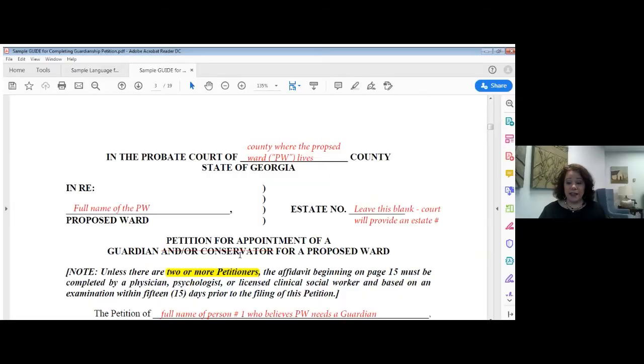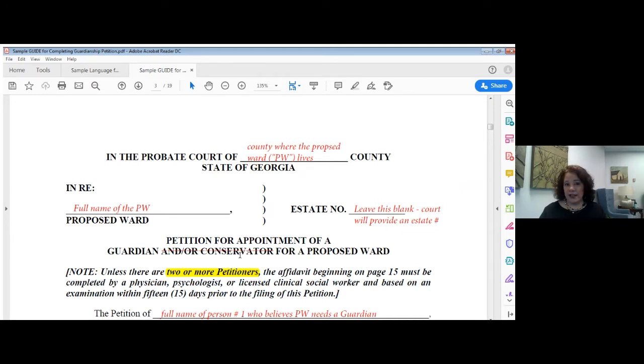The very first blank that will be staring you in the face is the Probate Court of blank County. That is going to be the probate court where the proposed ward, which is going to be your child, assuming we're speaking with parents here today through Focus, lives. It's the county where the child lives that you are going to request to receive guardianship from.